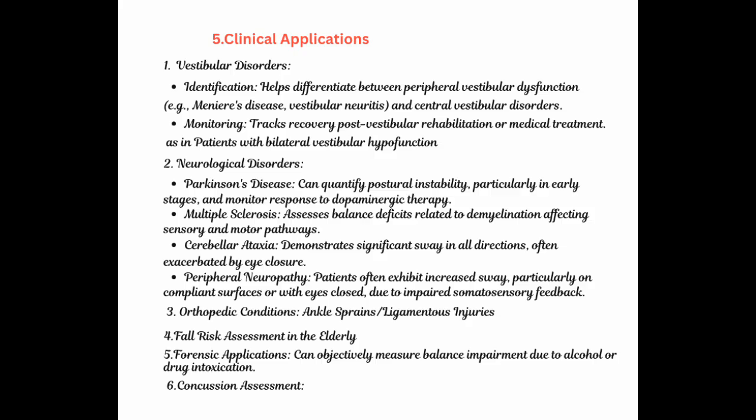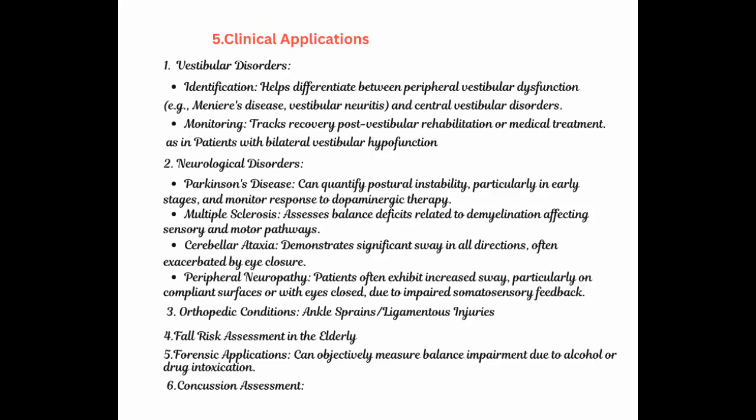Then in neurological disorders like Parkinson's disease, multiple sclerosis, cerebellar ataxia, peripheral neuropathy, and also in some orthopedic conditions like ankle sprains and ligamentous injuries, it evaluates proprioceptive deficit and guides rehabilitation. Then in knee osteoarthritis, this can assess balance impairment and fall risk.